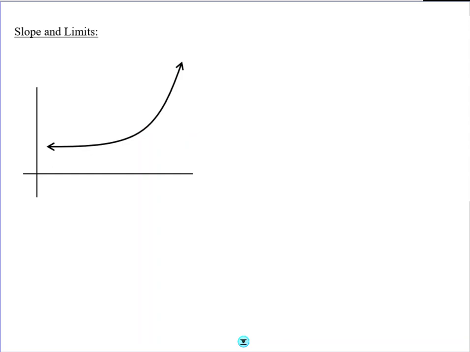So, let's take a look at this graph here. We know that the slope formula from Algebra 1 is that m is equal to the change in y over the change in x. So I'm going to pick a couple points on this curve.